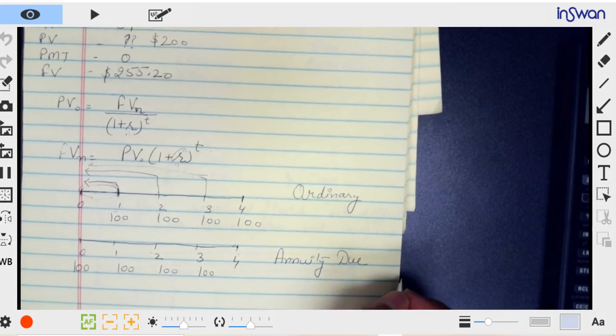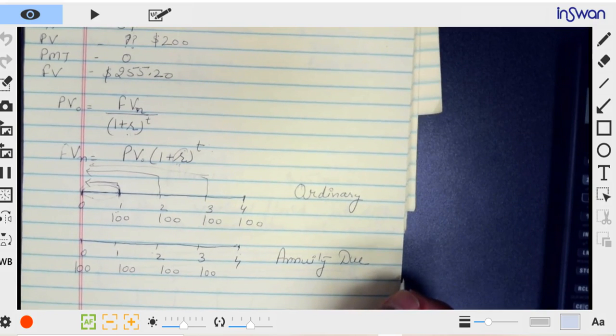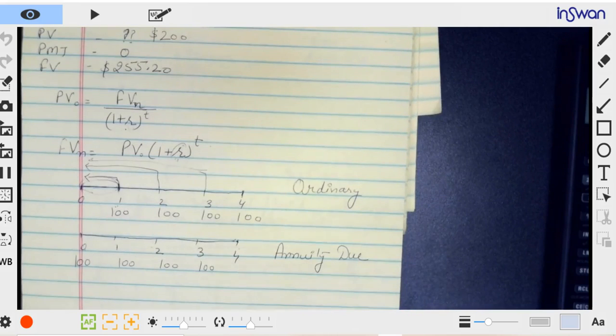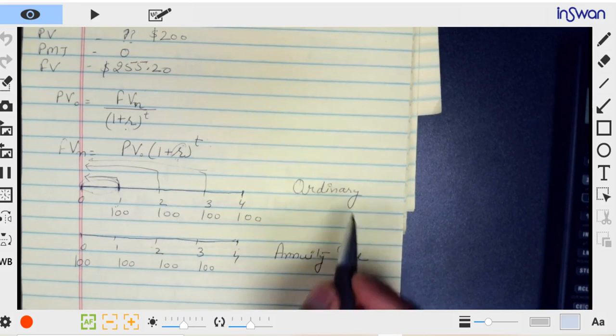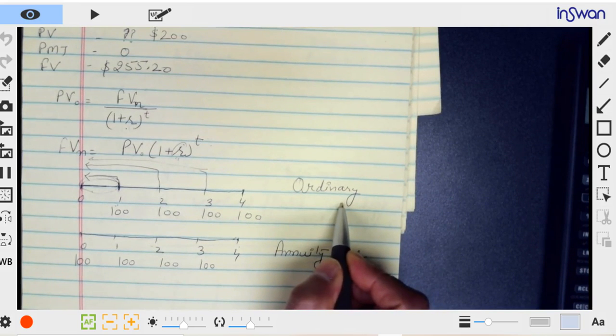Okay, in our financial calculator there is a function that helps us change between ordinary annuity and annuity due, but I would always suggest you not to do that. The reason is, once you change the settings in your financial calculator, normally it calculates everything based on ordinary annuity.